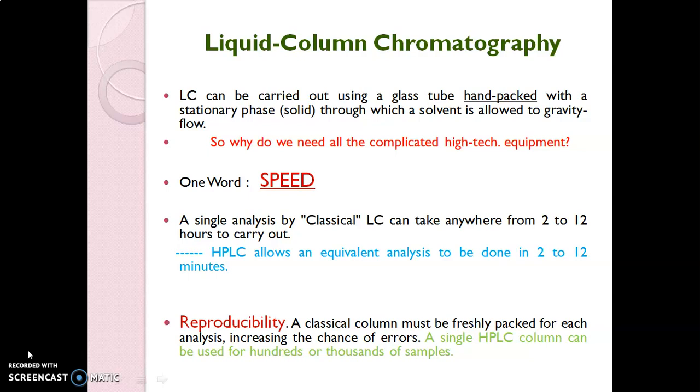If we use classical liquid chromatography, or column chromatography, for separation of a simple analyte, we require 2 to 12 hours. But if we are using HPLC, then within 2 to 12 minutes we can separate our analyte.